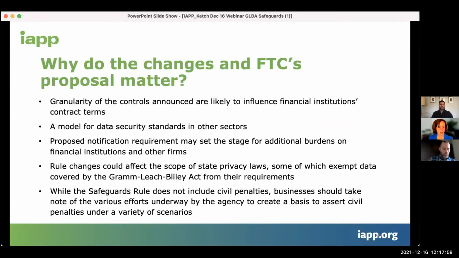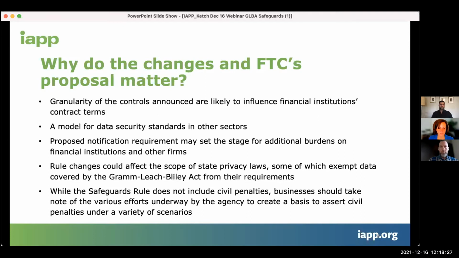Bear with me. The safeguards rule is limited to financial institutions, which, as we've discussed, is very broad. The granularity of the controls announced, which we're going to get into in a moment, are likely to influence financial institutions' contractual terms, which I suspect Amy's question gets at. This is of concern to the entire industry.